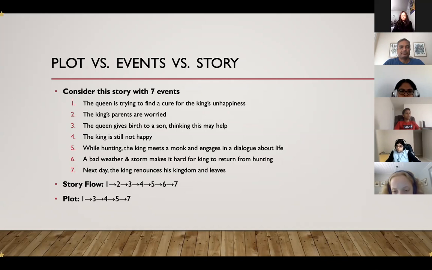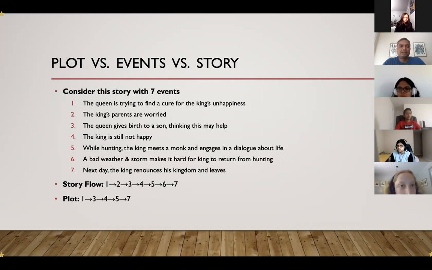If you look at this, when you tell this story to your friend, are you going to tell your friend about the king's parents being worried? Or are you going to tell him that, hey, while he was coming back from hunting, the weather really turned bad? Probably not.